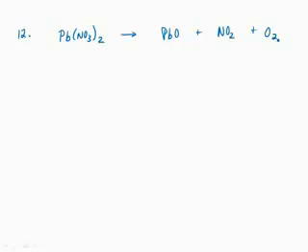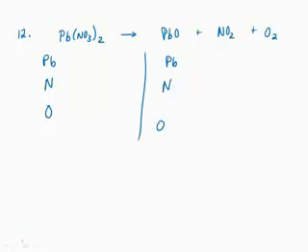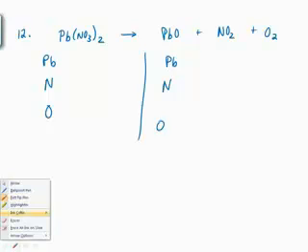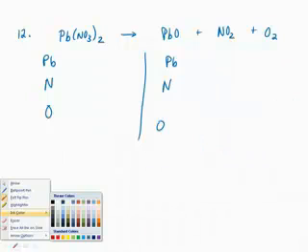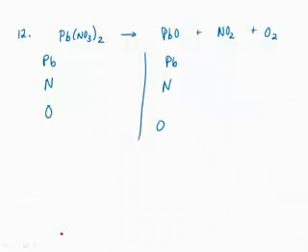Okay. Again, I have lead, nitrogen, oxygen as my elements. Okay, and we'll change our pen color. On this side I have 1 lead, I have 2 nitrogens and 6 oxygens.